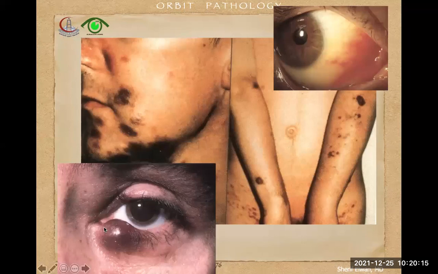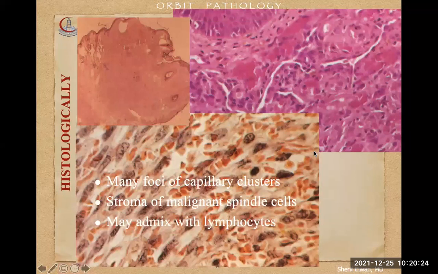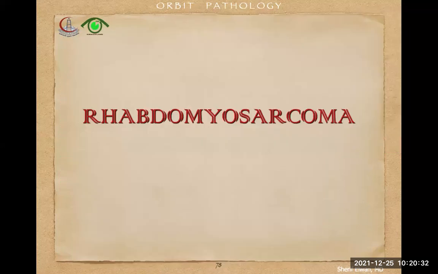They look bluish, may occur in the eyelid, on the trunk, on the arms, on the face, and may cause hemorrhage on the conjunctiva. Many foci of capillary clusters with stroma of malignant spindle cells with admixture of lymphocytes.